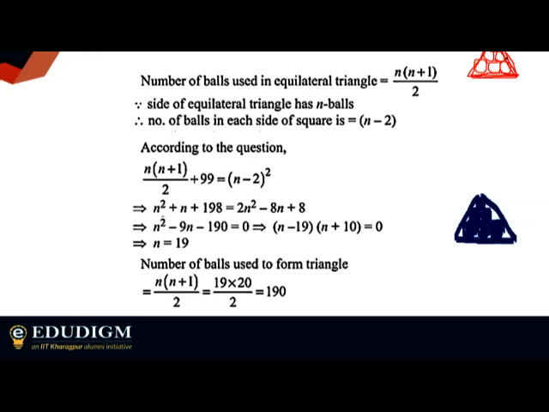If you have n balls, the first row has one, the second row has two, so it will be the sum of the first n natural numbers. From there, we get n into n plus 1 by 2. Is this clear with you now? Otherwise, just tell me where you are having the problem so that I can explain better. They said n per side.